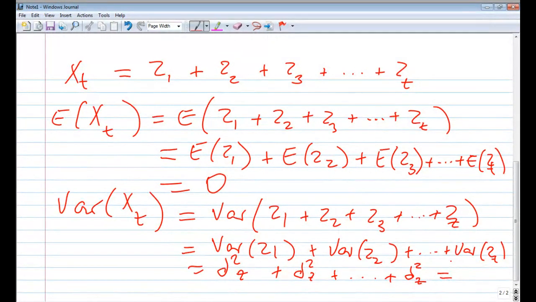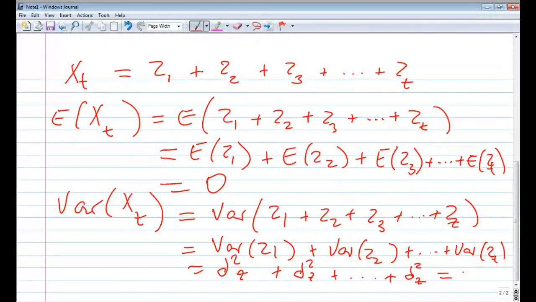So now, what is the final answer? We have sigma squared Z plus sigma squared Z plus sigma squared Z. So what is the final answer now? Who can tell me? T multiplied by sigma squared Z, since it's T of them.